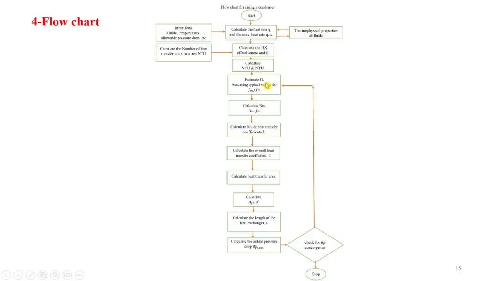Then knowing G, you can find the Reynolds number, the friction factor, and the Colburn modulus, from which you can find the heat transfer, from which you can calculate the overall heat transfer coefficient, and then you find the heat transfer area. Then you can calculate also the free flow area and the number of tubes that is required. And after that, since you know the heat transfer area and you know N, you can calculate L, the heat exchanger length.